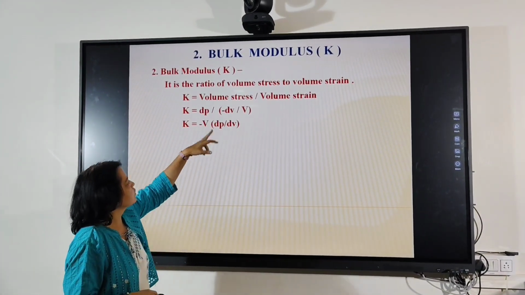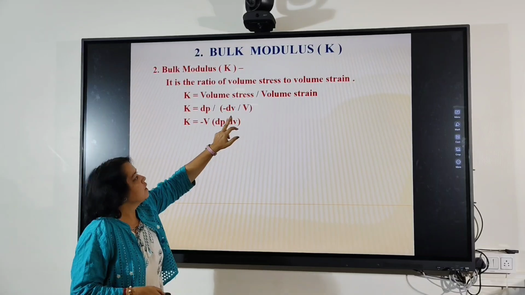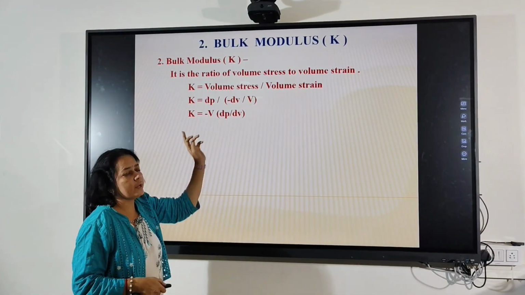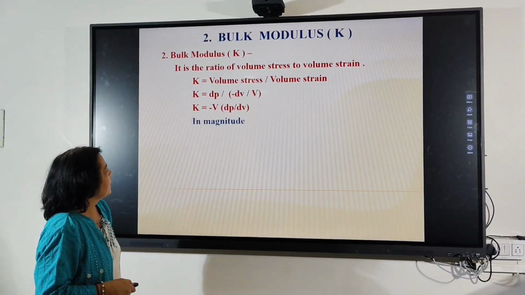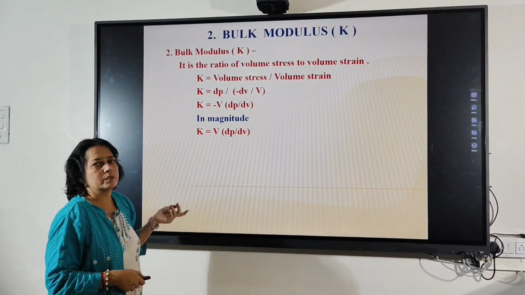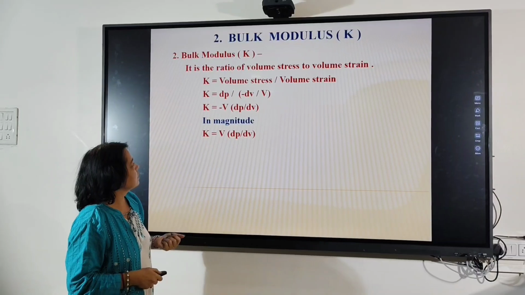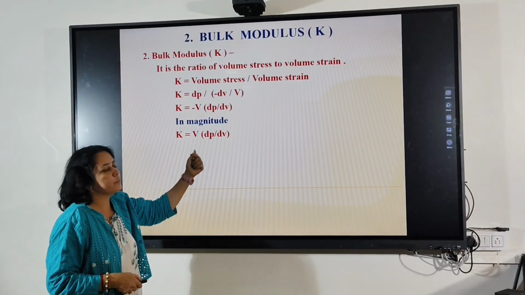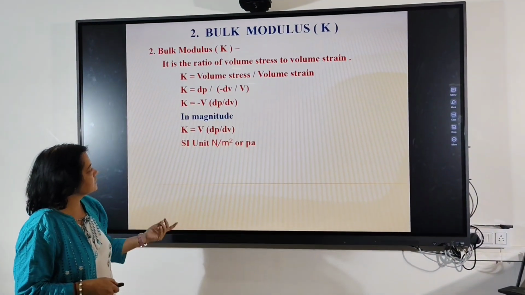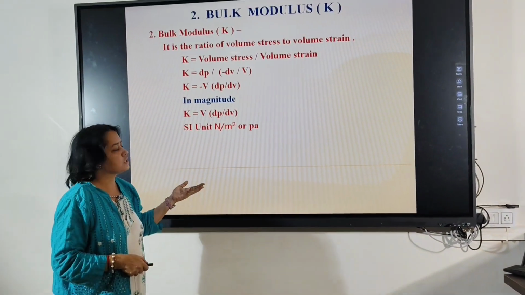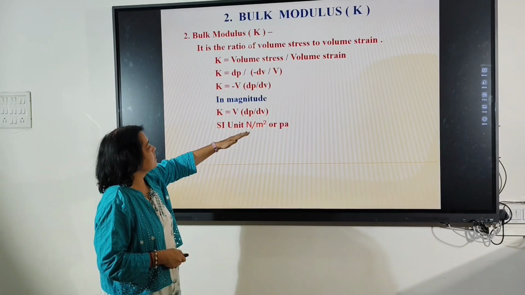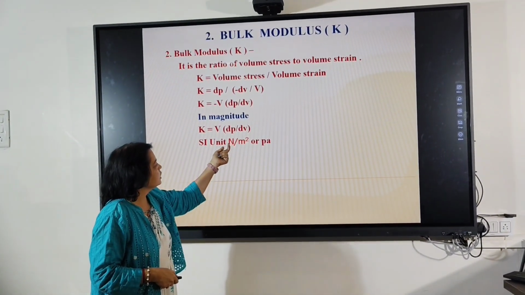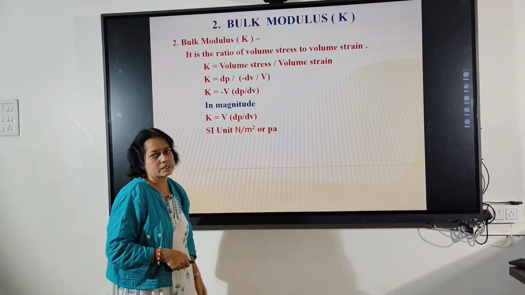Therefore, K is equal to minus V dP by dV. In magnitude we don't need the negative sign, hence K is equal to V into dP by dV, and its SI unit is Newton per meter square or Pascal, as every modulus has the unit of stress.